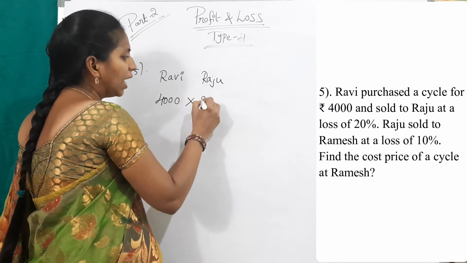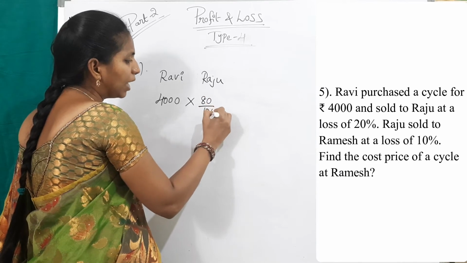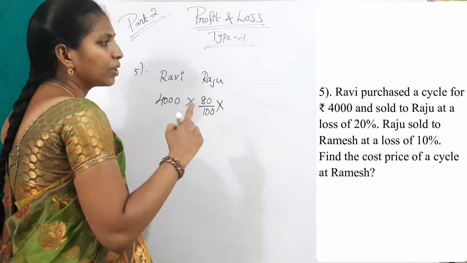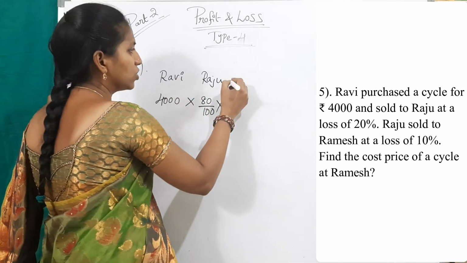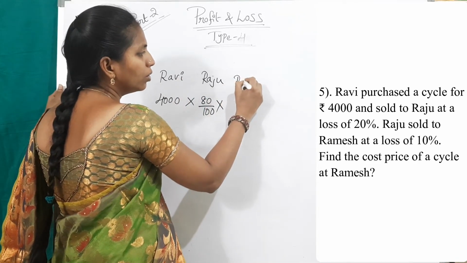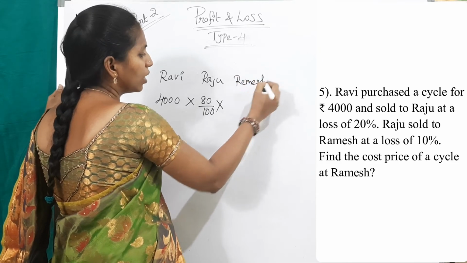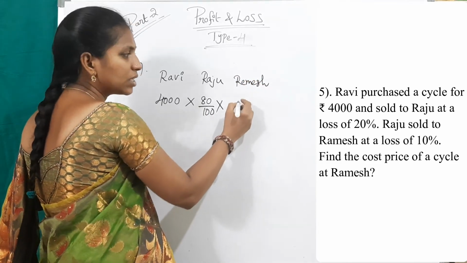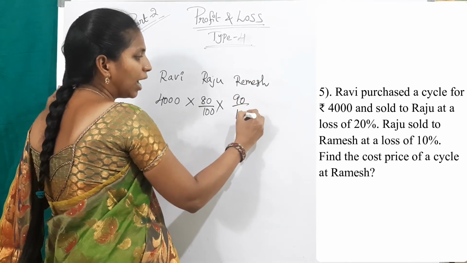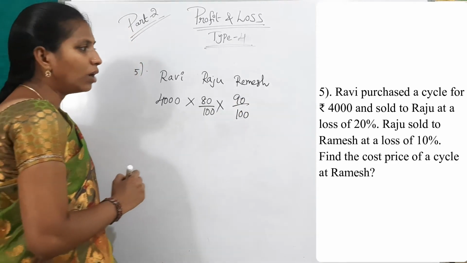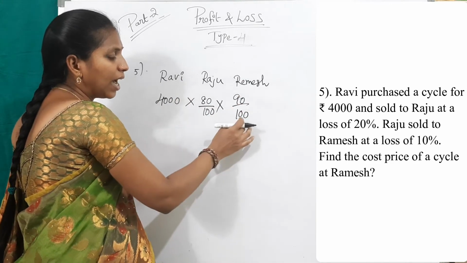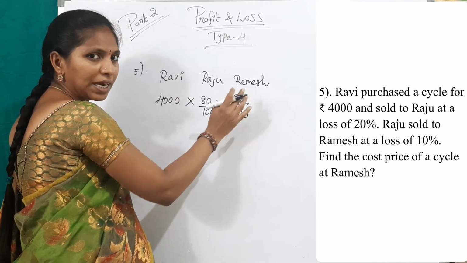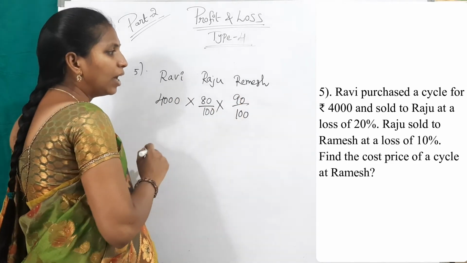Multiplication: 80% means 80 by 100, into, since Raju sold to Ramesh at a loss of 10%, 90 by 100. Always take 100% as the cost price, and 100 minus 10% means 90%, 90 by 100.